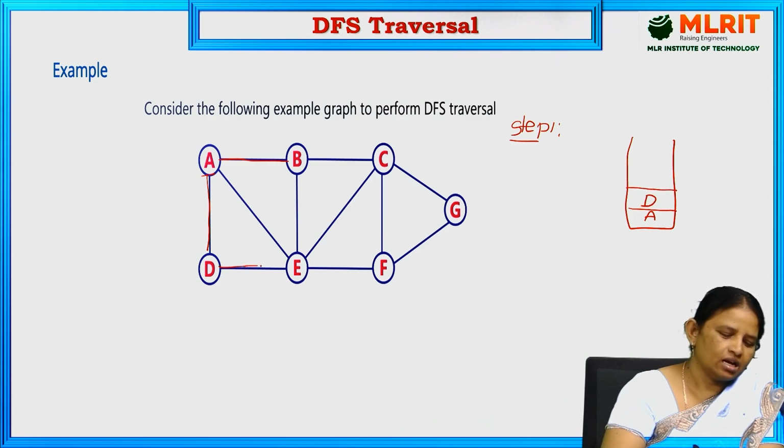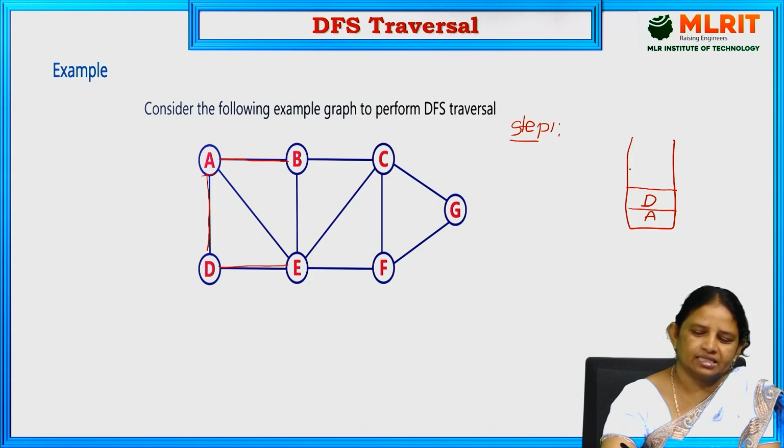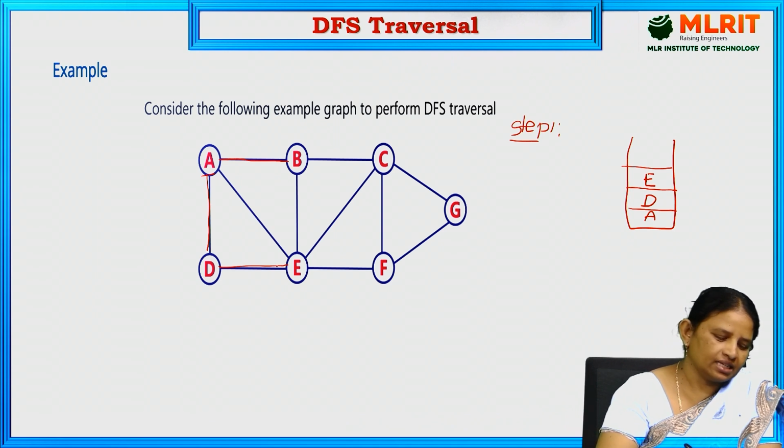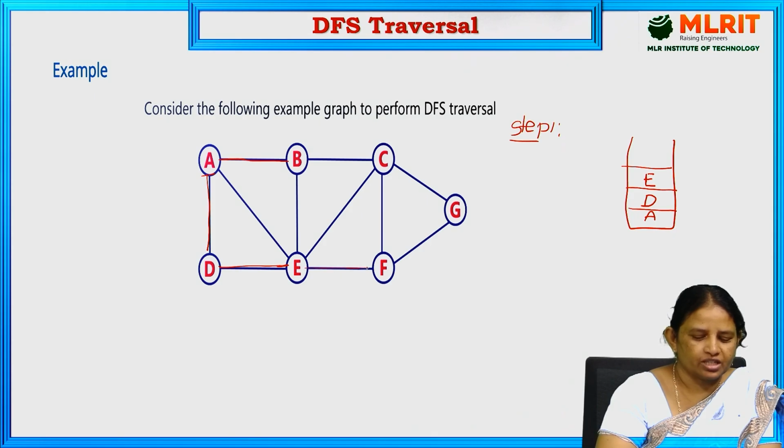Next, D's adjacent is E. E is pushed onto the stack. Next, E's adjacent are B, F, C. We always give preference to the lower part only. We push F onto the stack.